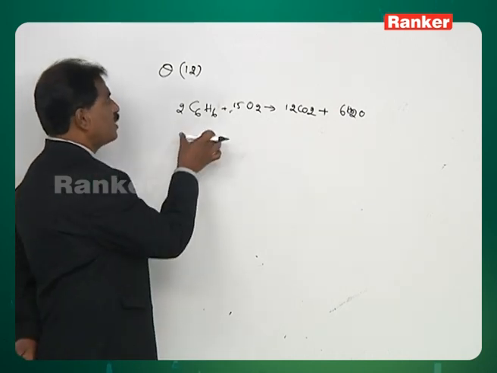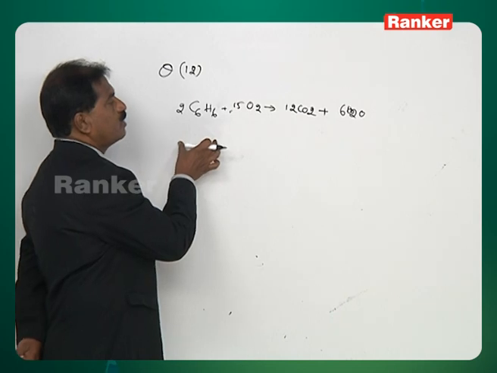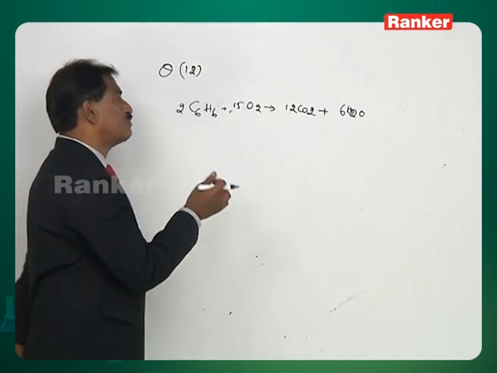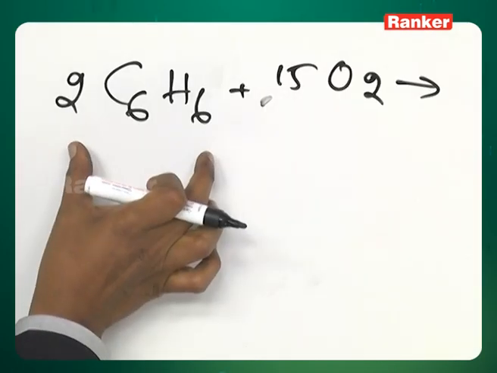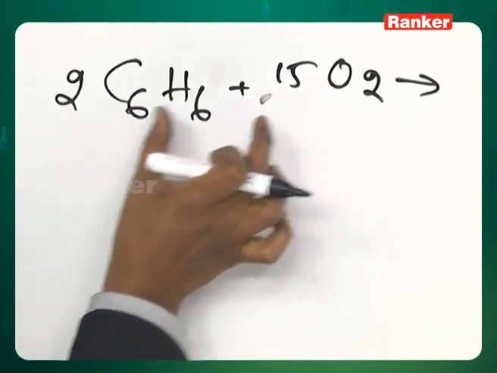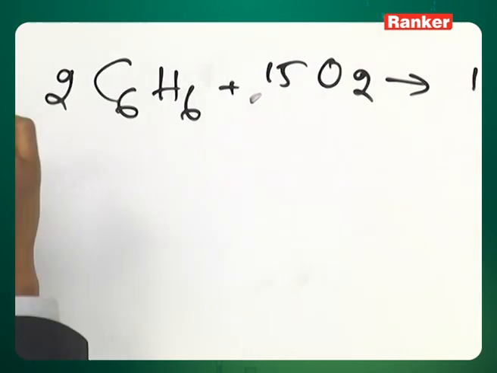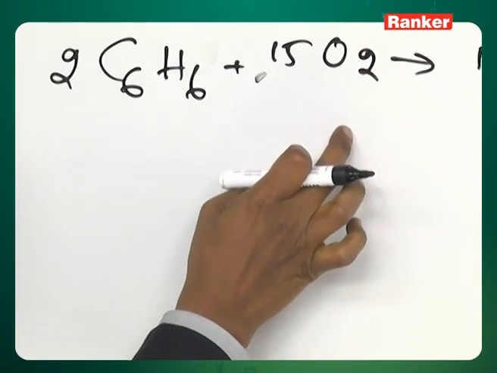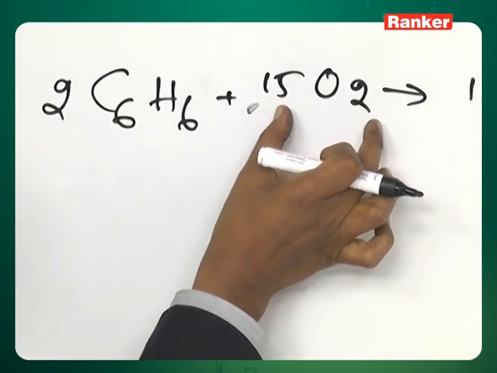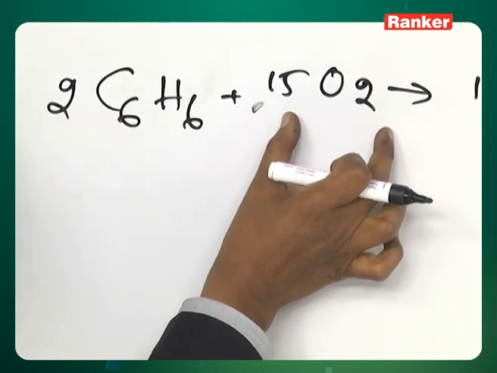Now, if 39 grams of liquid benzene participates, how many liters of the oxygen is required? See, according to the stoichiometry, 2 moles of the benzene requires 15 moles of the oxygen. So, let us assume this reaction is taking place at the STP conditions. Therefore, convert this 15 moles of the oxygen into the corresponding volume.